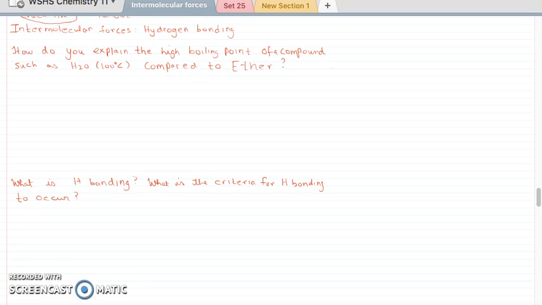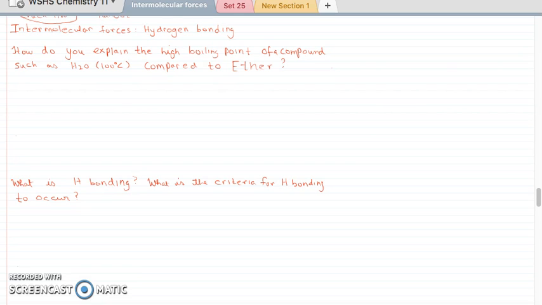Up till now, we have already discussed dipole-dipole forces, which originate because of a polarity difference between two atoms of the same compound. From there on, we moved on to dispersion forces, which we recognized is exhibited by every and any molecule that you'd study in chemistry.